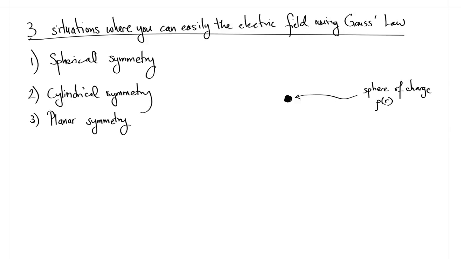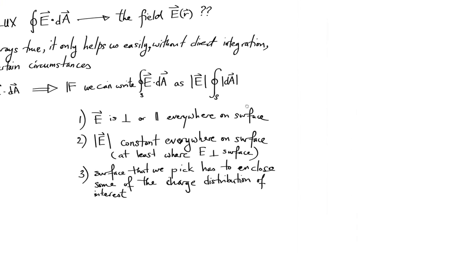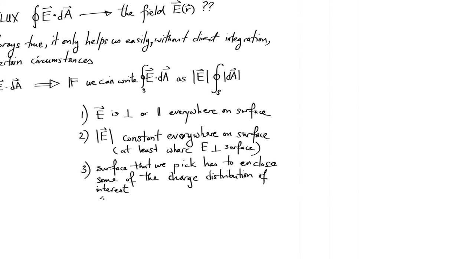So in this problem then, what I want to do is pick my Gaussian surface such that it fulfills these conditions. So I have to decide on what surface I'm going to use. And the decision of what surface I'm going to use is that it fulfills these three conditions.